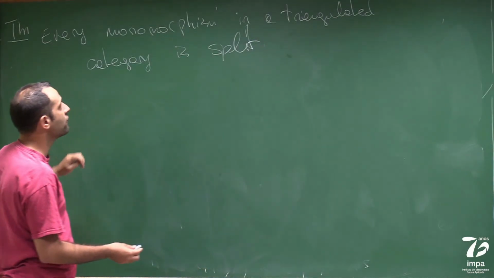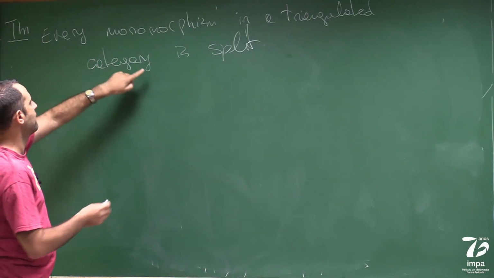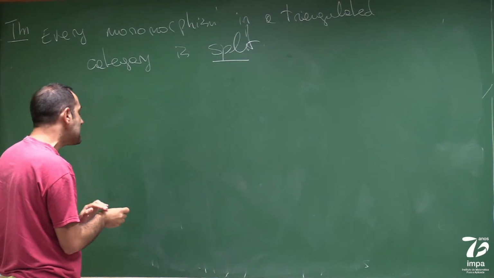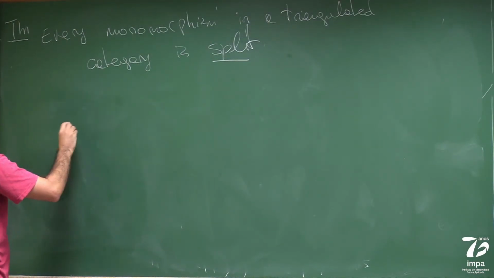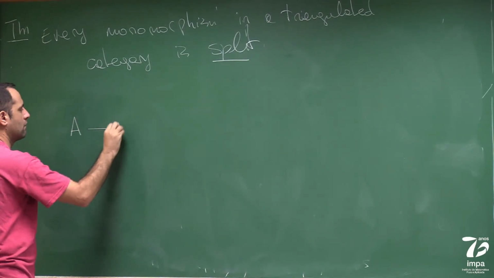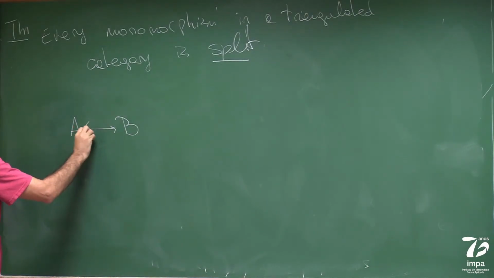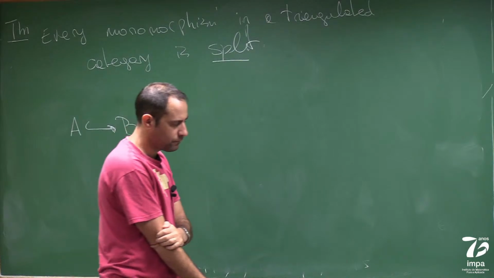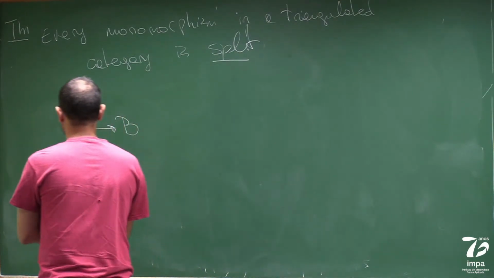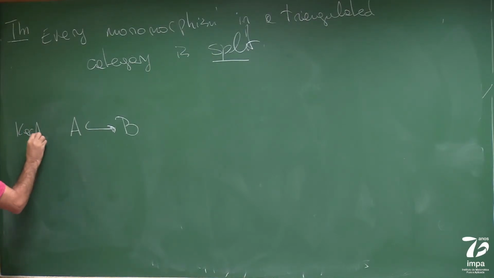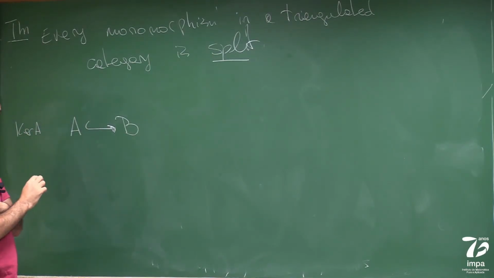So what I want to prove is that, and I haven't told you, there's another word here which is split. So let me tell you what that means. Let's say that we have a monomorphism. Then we have the kernel, which is nothing.